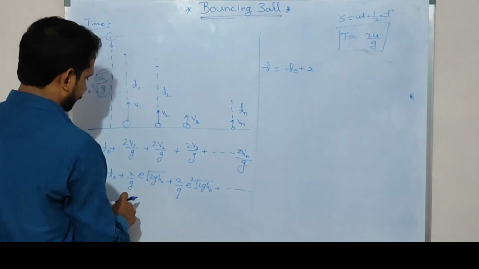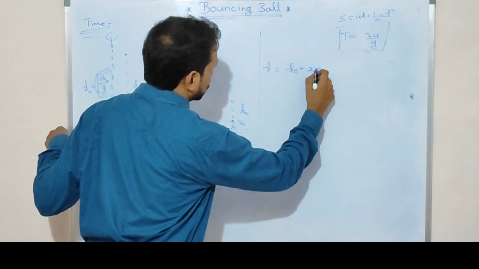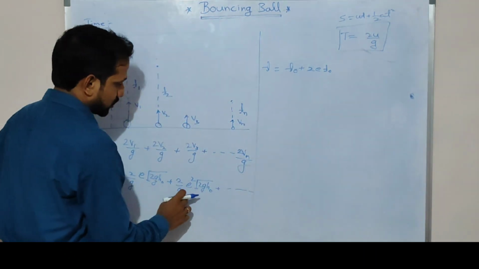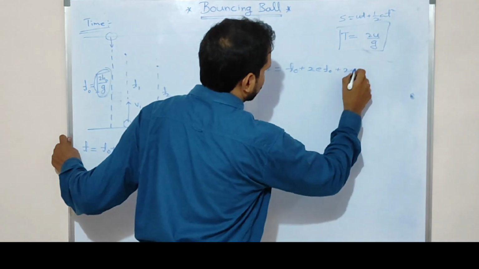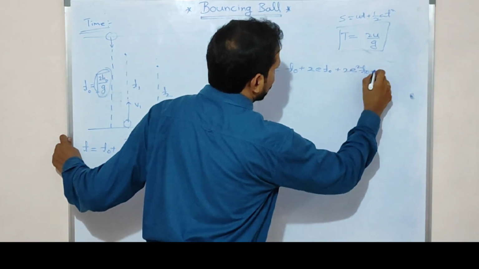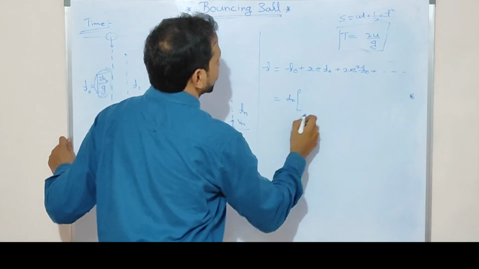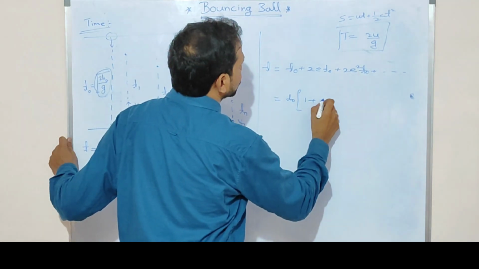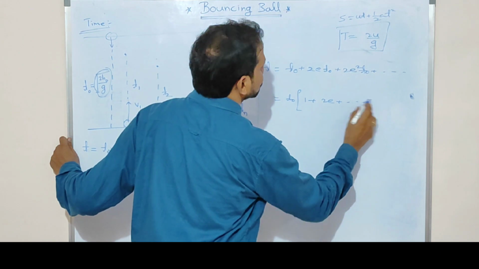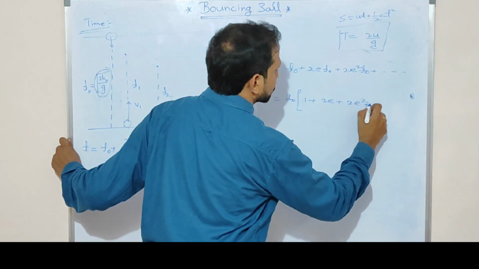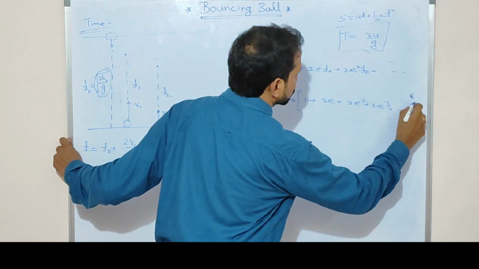2 into e into t naught, and this is going to be 2e square into t naught, plus, and so on. If you take t naught common, then 1 plus 2e plus 2e square plus 2e cube, and so on.